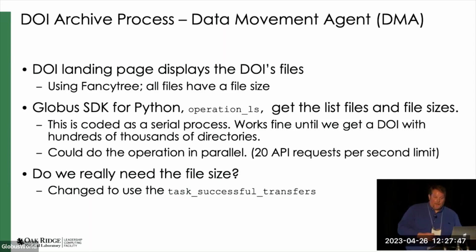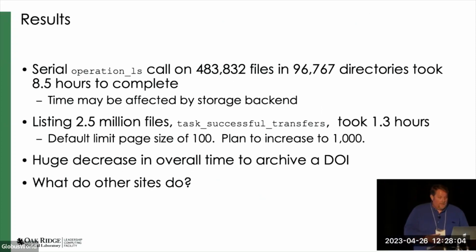Do we really need the file size, and could we use the task successful transfers API call, or do we actually need them to help verify that what we receive stays what it is in the archival system? If you look at this, the serial operation LS call on about 480 to 83,000 files in 96,000 directories took 8.5 hours to complete on ours.